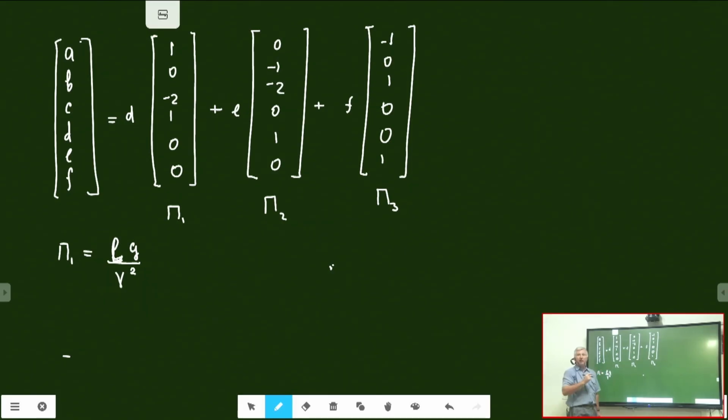Well, you can check the dimensions of that. L is L, G is L divided by second squared, so it is L squared divided by second squared and divided by velocity squared. Velocity has dimensions L divided by t, so they cancel out. So you can see that this is non-dimensional. This is a non-dimensional group. So, okay, let's see what happens with the second vector.